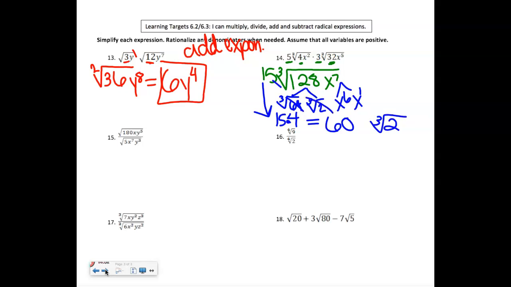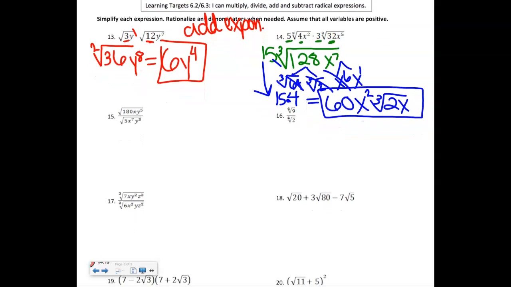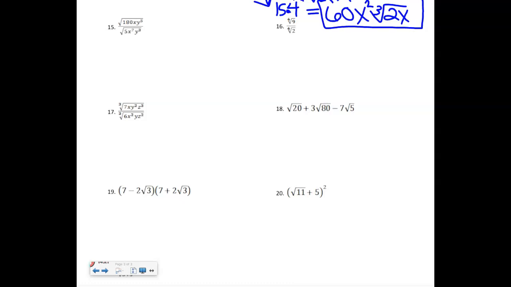X to the 6, that's going to become x squared. And I can't cube root my x, so that's just going to chill out inside. Okay, so that's as far as we can go. So again, it's taking a lot of the rules in front that has a lot of places to make silly mistakes.